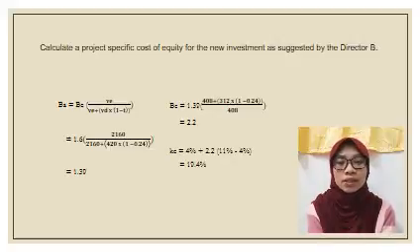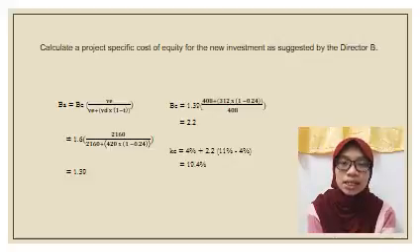Question number 2 asks to calculate a project-specific cost of equity for the new investment as suggested by Director B. First, we need to calculate the beta value of assets.